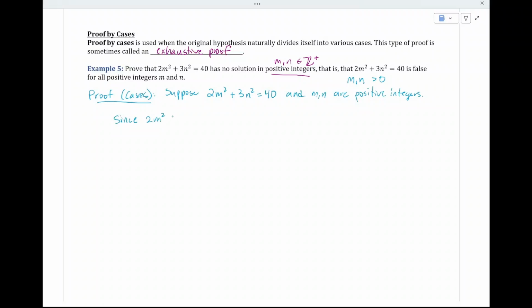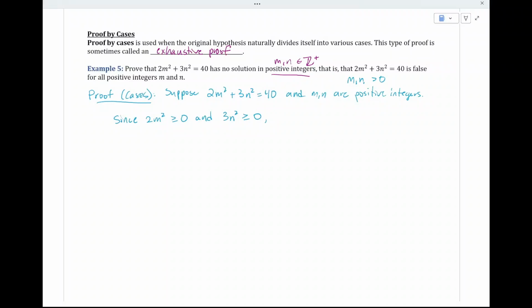Since m squared is greater than or equal to 0, and 3n squared is greater than or equal to 0, because the smallest possible values don't allow this to be negative. We also know that if this was 0 somehow, then 2m squared could be 40 or something less than 40. It can't be bigger than 40.